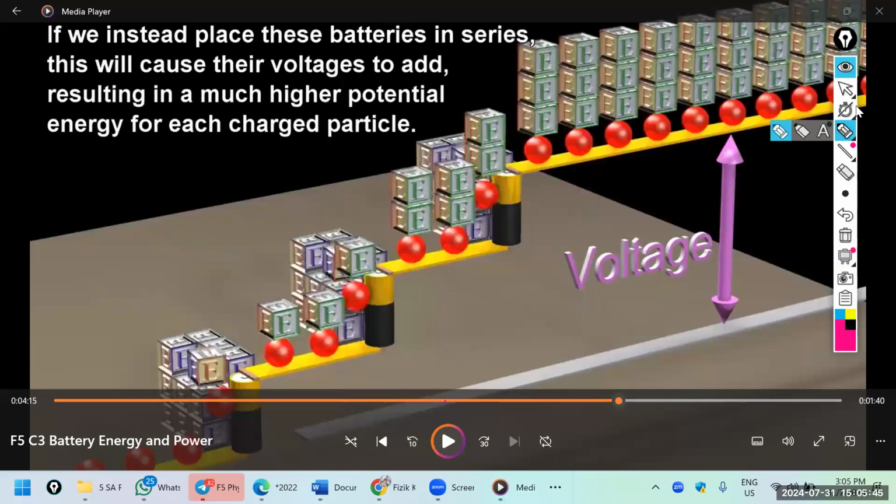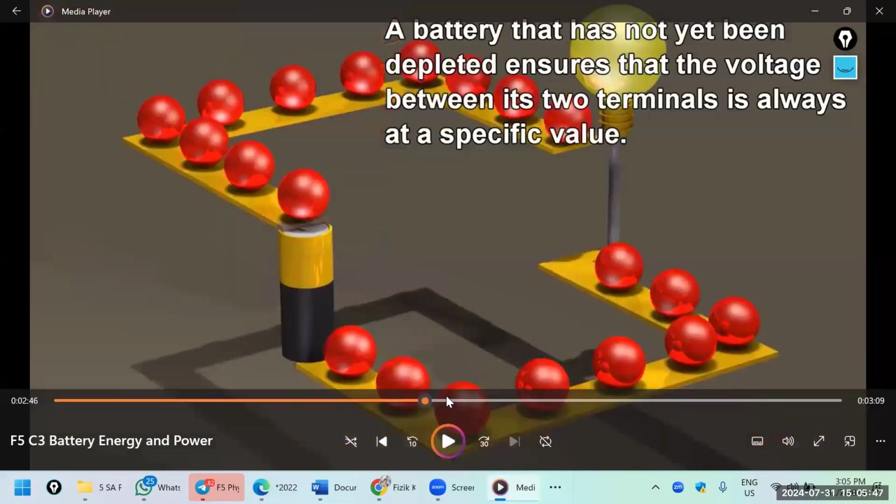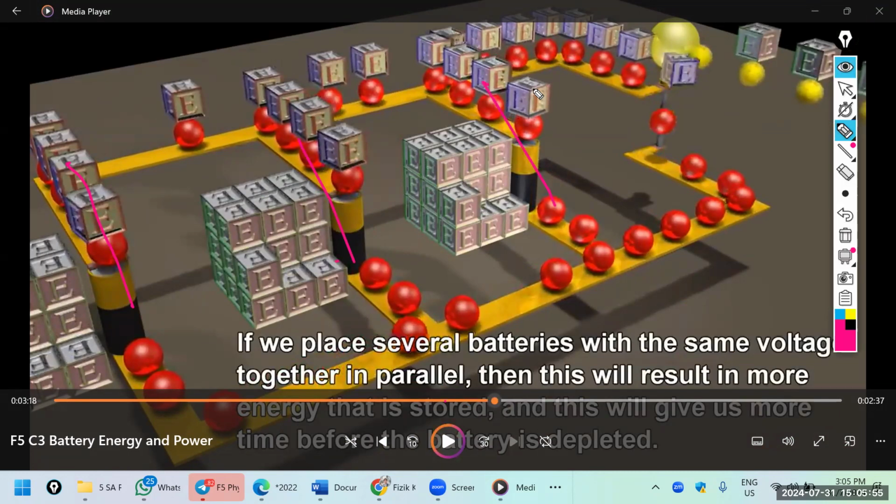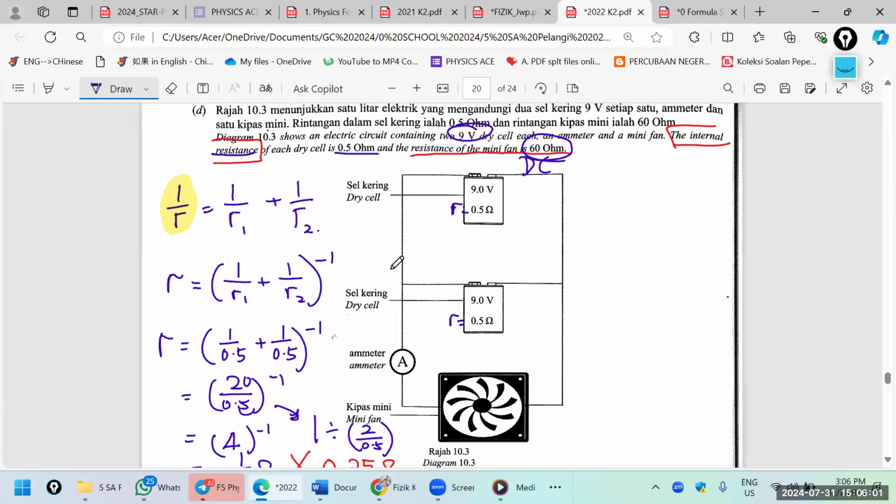But if they are in parallel, you can see they do not need to sum up. They do not need to build up the voltage, because they are parallel. Right?